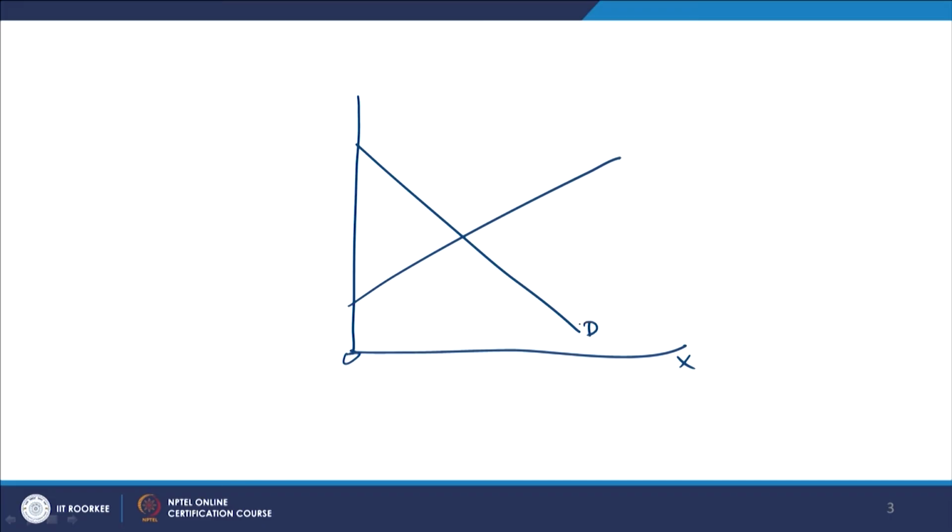Suppose this is the situation before tax. If you impose a tax on the paper industry, automobile industries or sugar industry etc., then we have a supply curve and a demand curve. This is our demand curve, this is our supply curve, and this is Q, and then S1 will be higher and that indicates the tax.